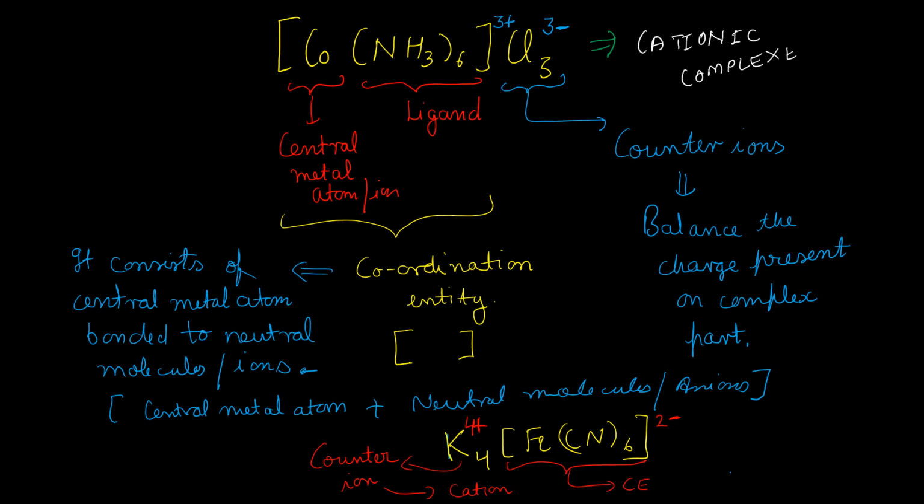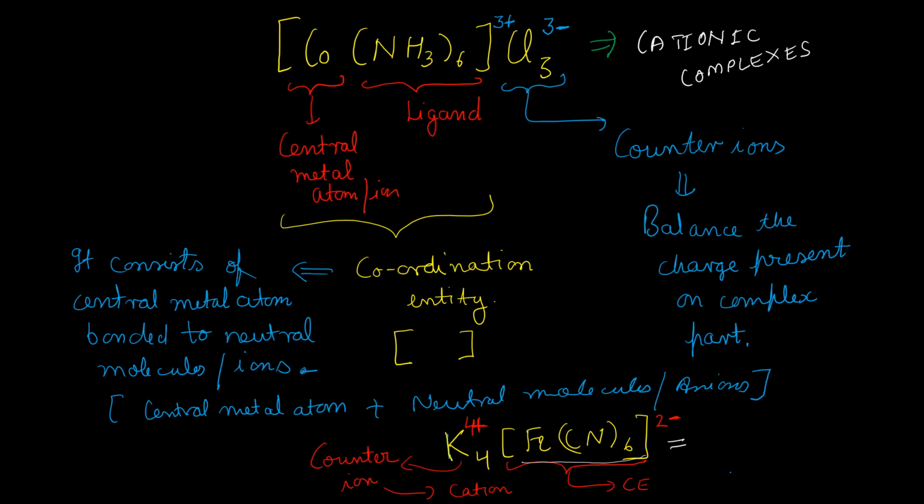So what are cationic complexes? Cationic complexes are those in which the coordination entity or the complex part, that is the part which consists of the central metal atom or ion and ligands or neutral molecules, that part which is written in square brackets, is a cation. Similarly, in this case, the coordination entity part is negatively charged.